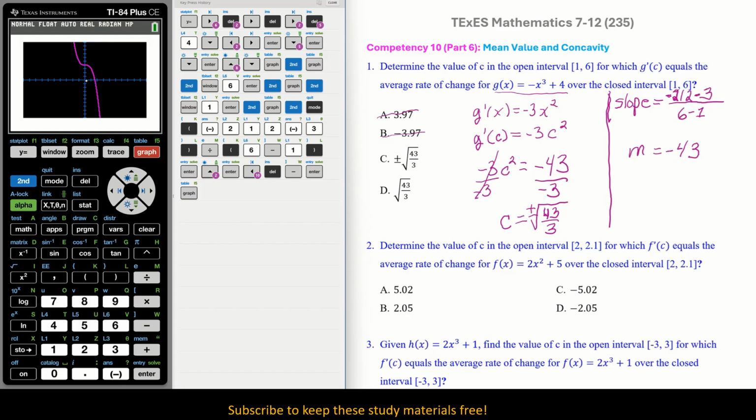And 1 and 6 are positive, that 1 to 6. So we have 1 to 6.